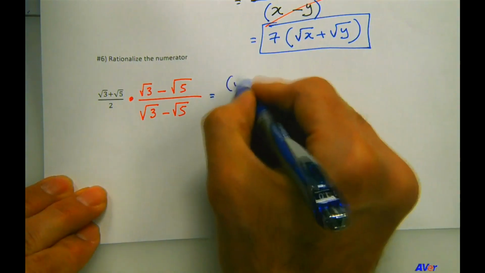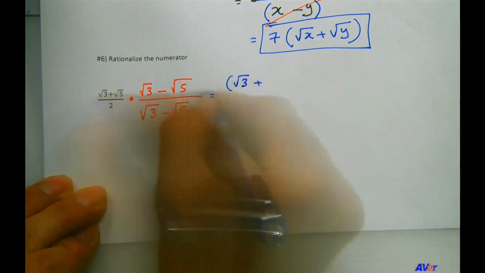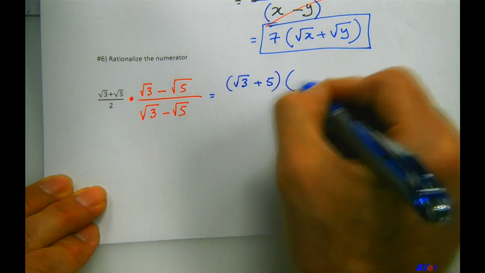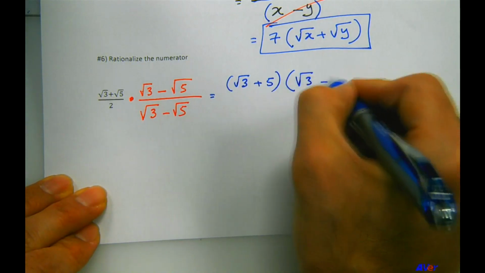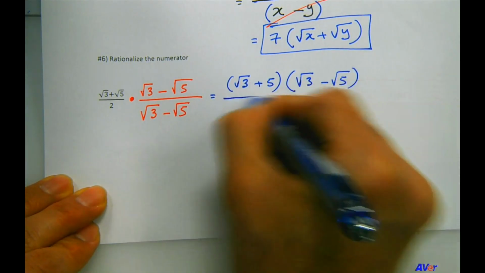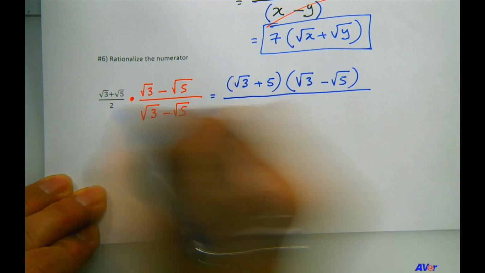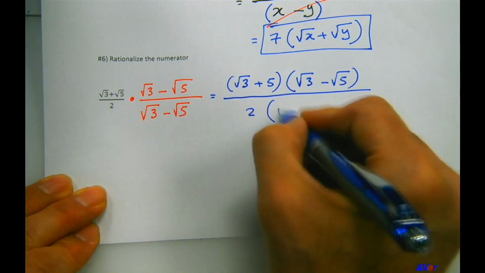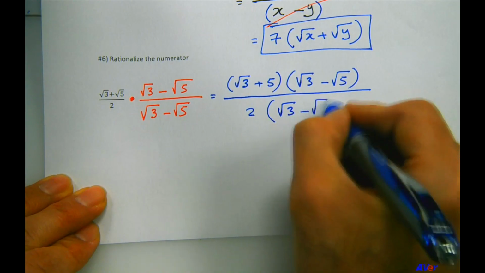All right, so in the numerator, let me first write it out. So we have square root of 3 plus square root of 5, times square root of 3 minus square root of 5, divided by 2 times (square root of 3 minus square root of 5).